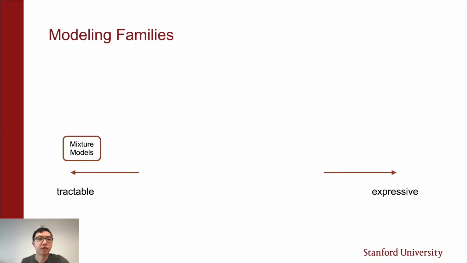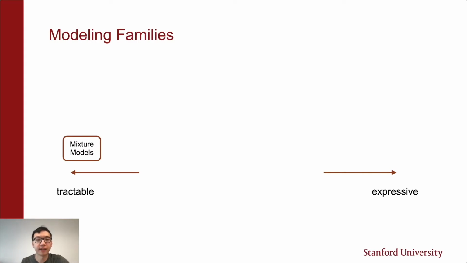This leads us to the choice of the modeling family that we use. On one hand, we can use simple mixture models that are tractable and allow us to answer different types of probabilistic inference queries. And on the other hand, we can use more expressive neural network-based models.